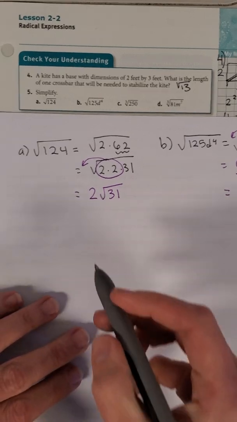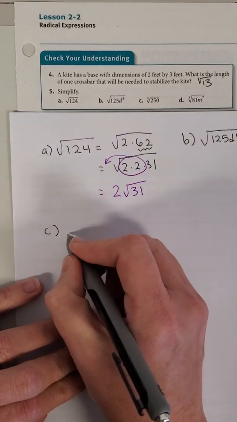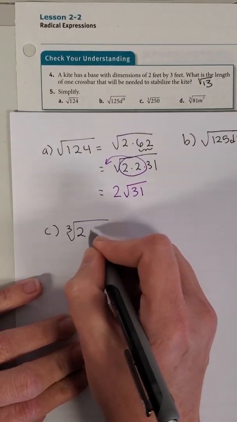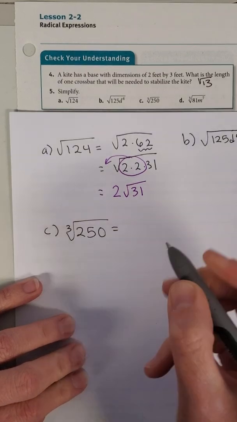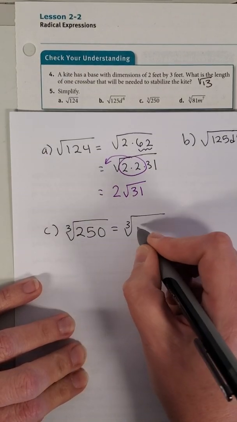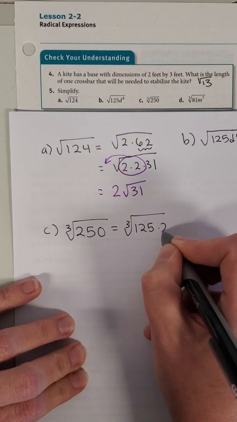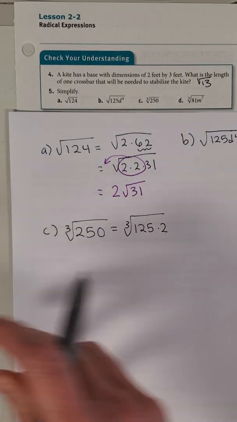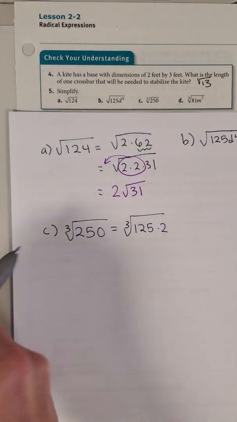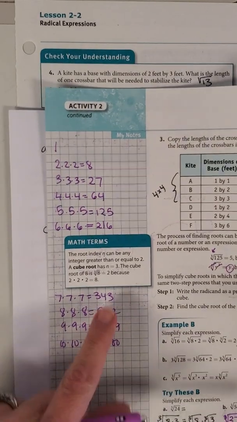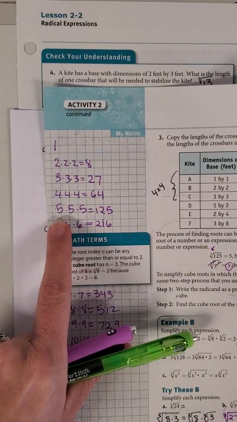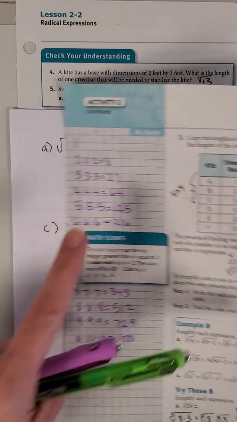C. C is the cube root of 250. Now I see right away that this could be rewritten as 125 times 2, and that 125 was one of my perfect cubes, which is 5 times 5 times 5.